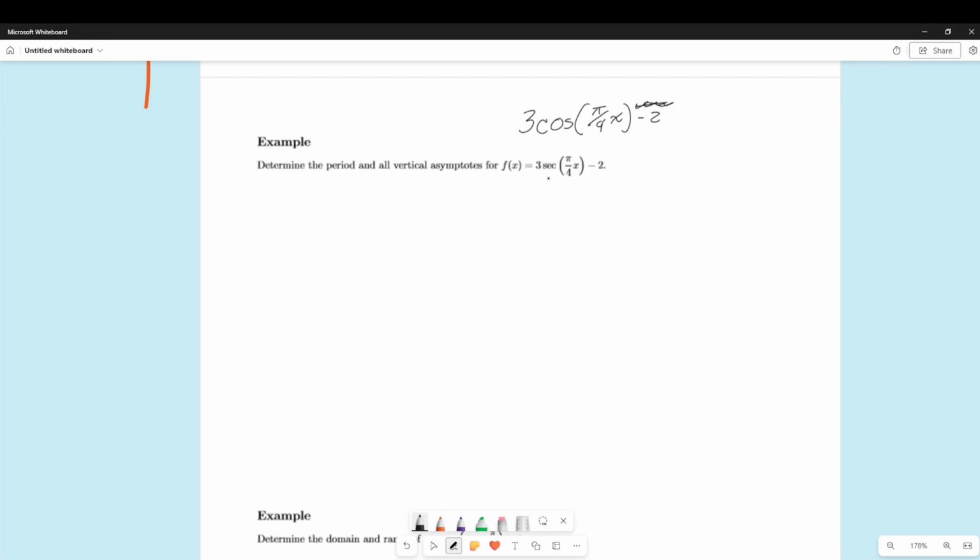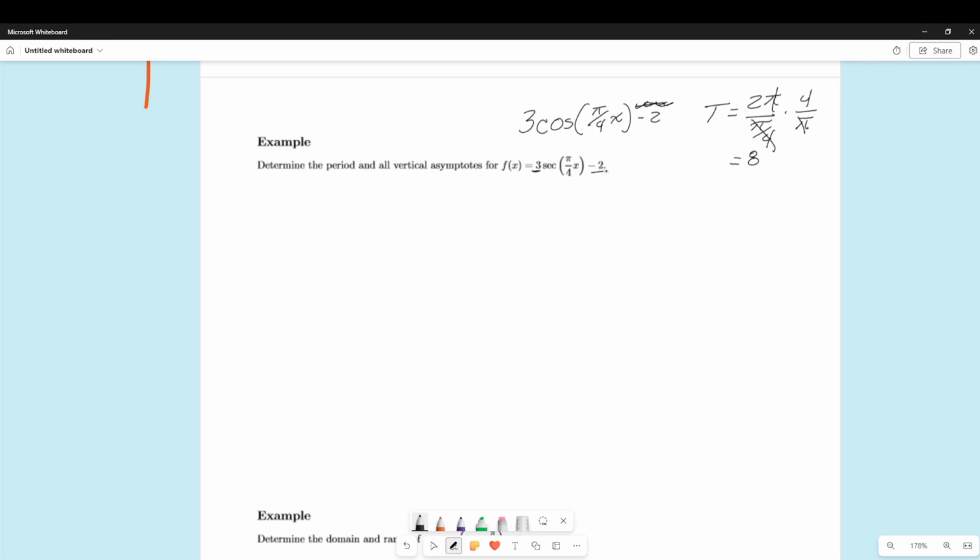Those aren't the same function, but we're going to use cosine to understand secant. Our natural period for cosine is 2 pi, but we have to divide by that compression factor, pi over 4, multiply by 4 over pi, and get a nice period of 8. So we got a period of 8.